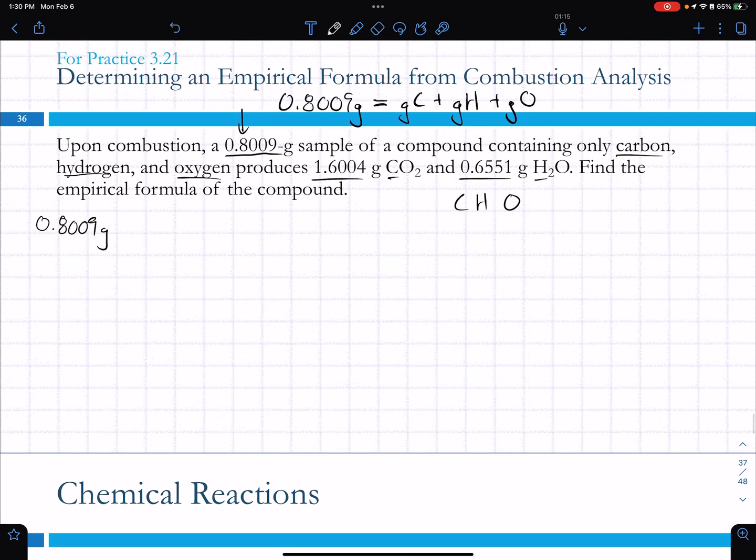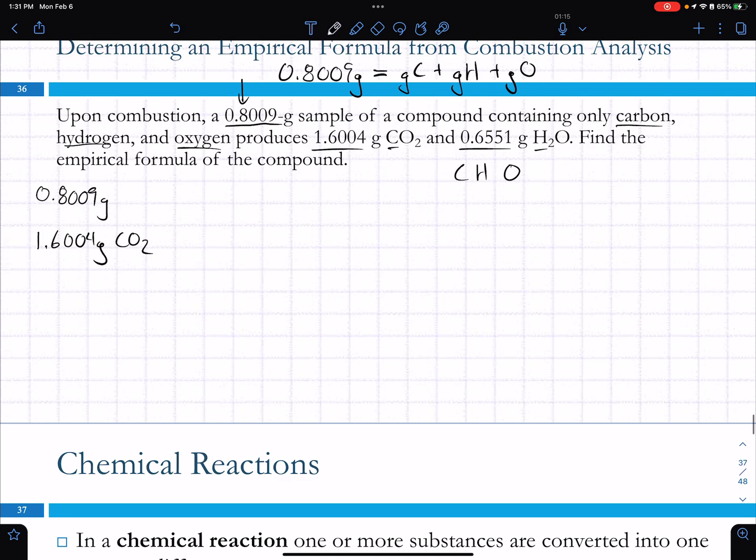So if we look at this, we know that our total mass is 0.8009 grams, and we'll need that, but not right away. And then we could also say our 1.6004 grams of CO2, and we want to figure out the percent mass of carbon and the percent mass of oxygen in this.